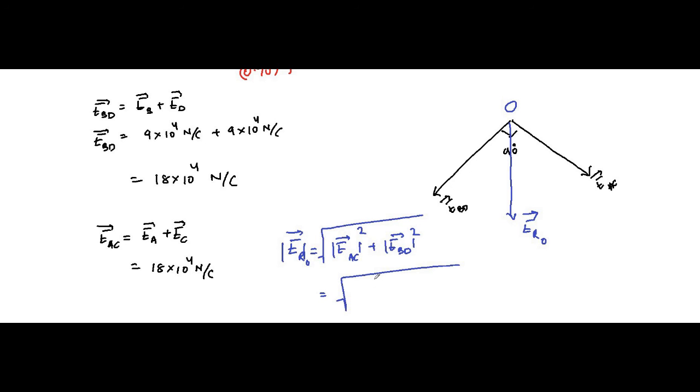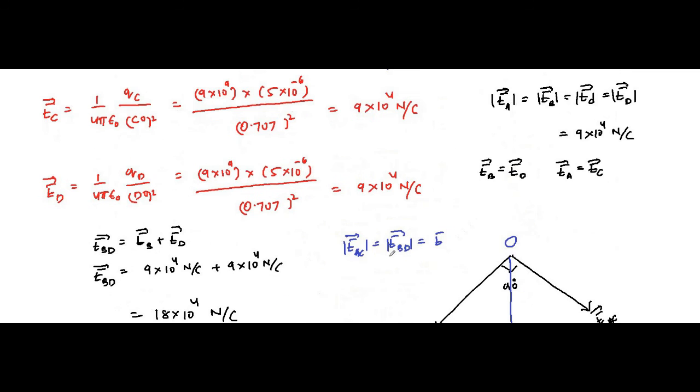18 into 10 to the power 4. Since they are all equal, EAC and EBD are equal in magnitude. EAC vector magnitude is equal to EBD vector magnitude, let's call it E. So it will become the square root of 2E square. I'm just trying to simplify it.